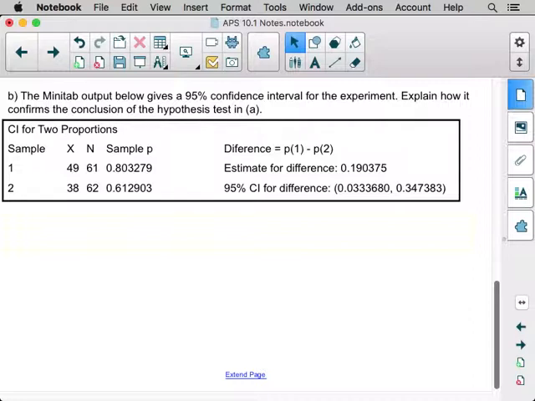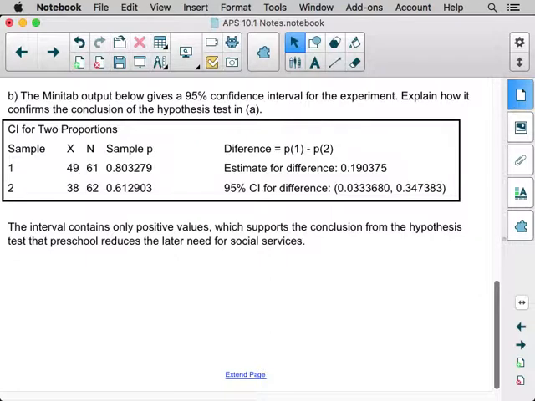What value represents the null? 0, okay? So the null represents no difference. The null represents 0 change, 0 difference. Is 0 within the interval? No. So the interval is confirming that we don't think 0 is it, right? We don't think it's possible to not have a difference. And isn't that why we rejected the null? So does that confirm what we just found? Yes. So here the confidence interval does confirm what we discussed in the hypothesis test.